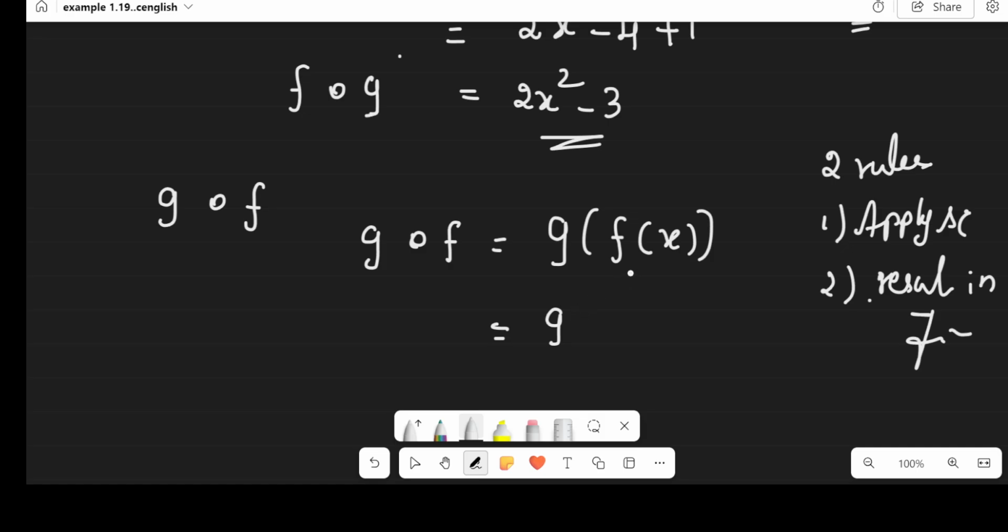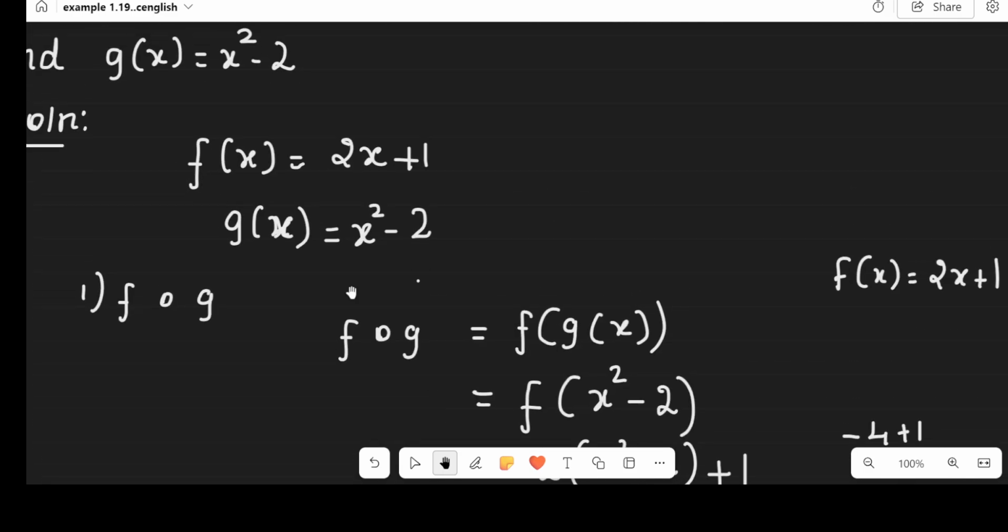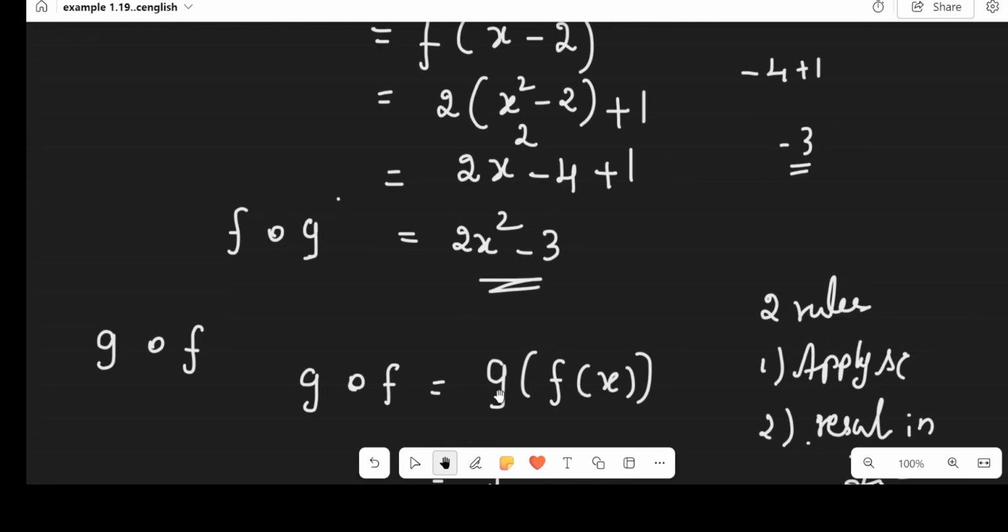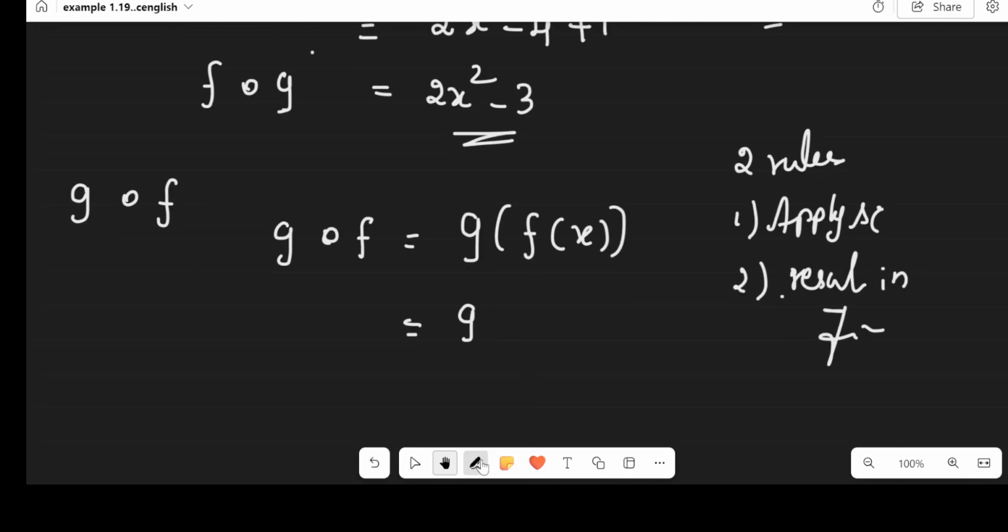What is f of x here? In the question, f of x is 2x plus 1.